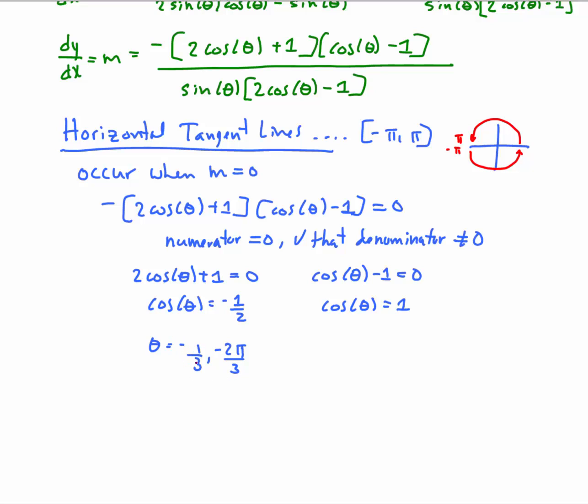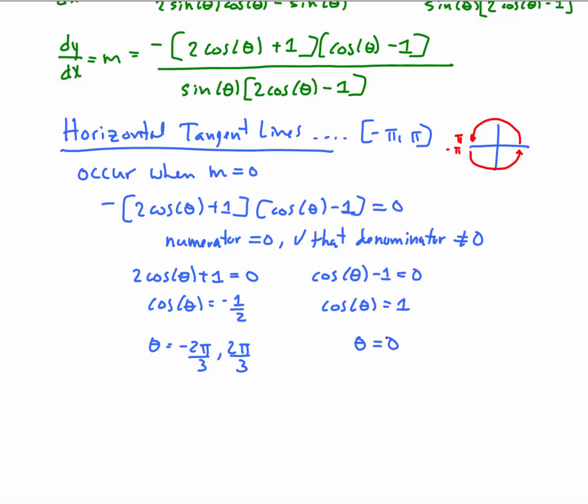Actually, at negative pi over 3, that's not true, because negative pi over 3 is in the fourth quadrant, and I already said that cosine is negative, so I have to be in the second or third quadrant. So that would be at negative 2 pi over 3, would come from here, and here would be pi over 3 and a positive 2 pi over 3. And then where does cosine of theta equal 1? Cosine of theta equals 1 at 0. So this is where I think I have horizontal tangent lines, but I have to double check.